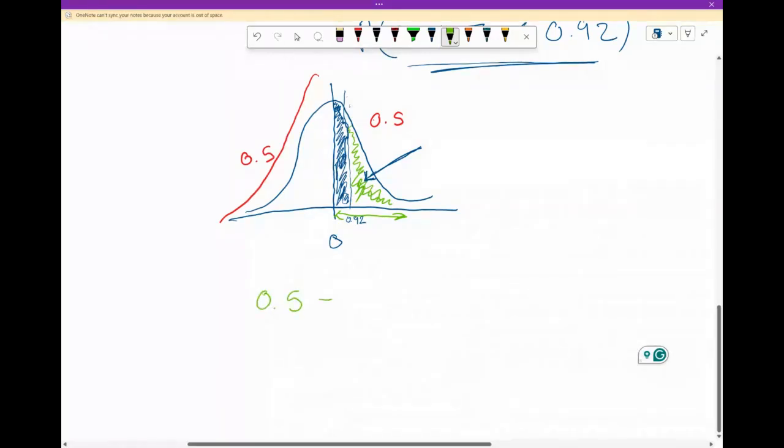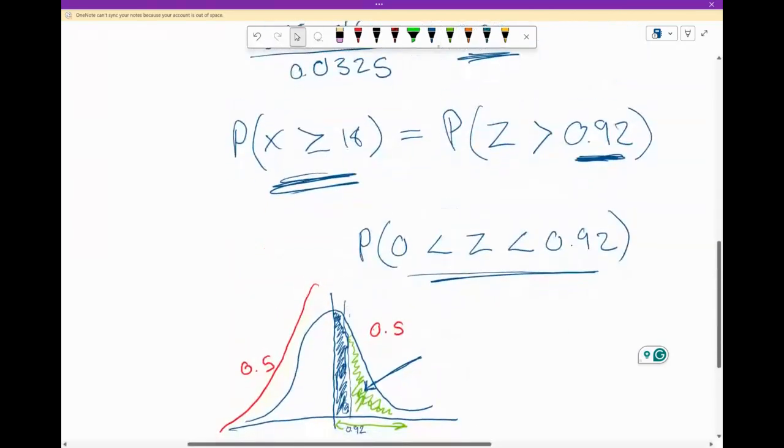So we say 0.5 minus, now let's look up 0.92 on our Z distribution: 0.3212. We're looking for the green part, because remember what the question asked.